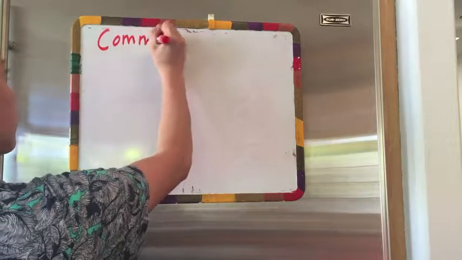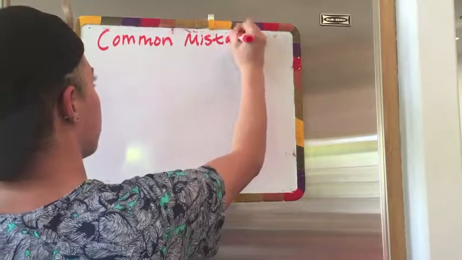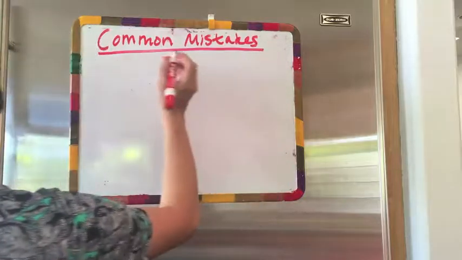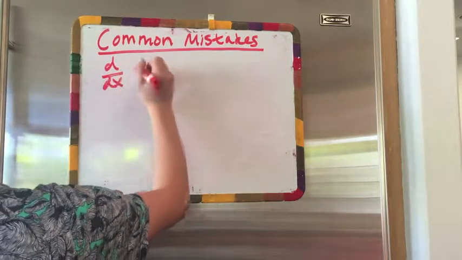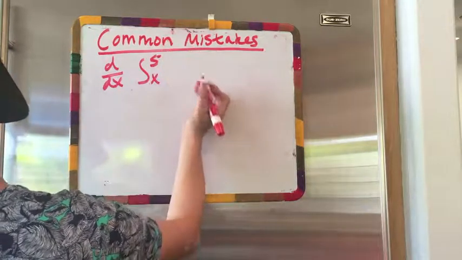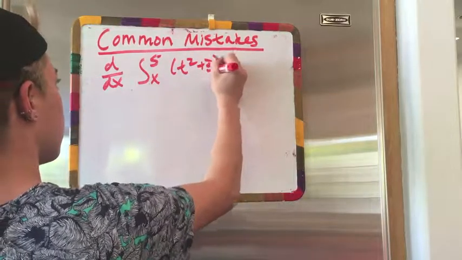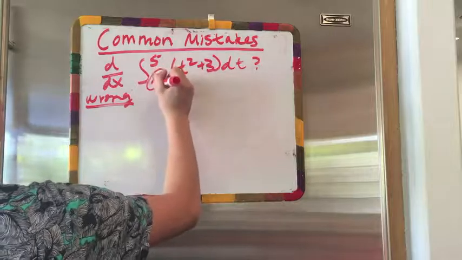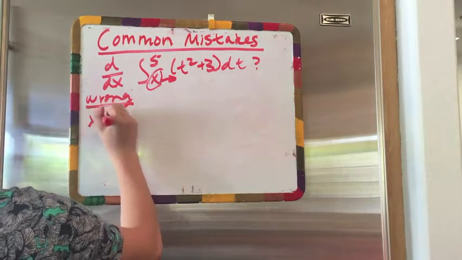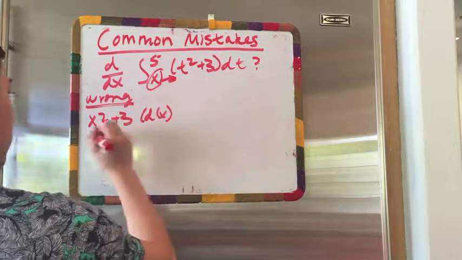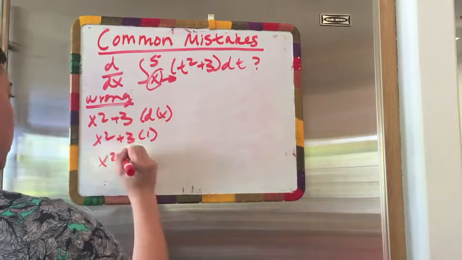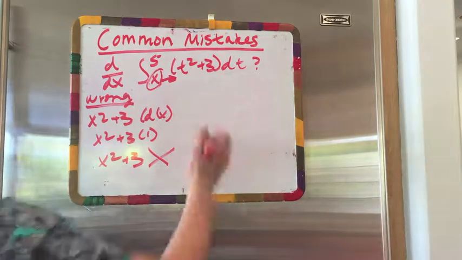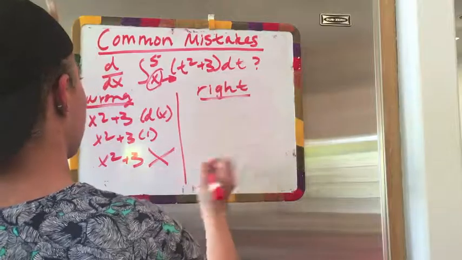So now let's look at some common mistakes people make when carrying out the fundamental theorem of calculus 1. They will take the derivative of an integral where x is in the a value, and they will just plug x straight into the integral rather than doing the negative part, because that will just get them positive x squared plus 3.